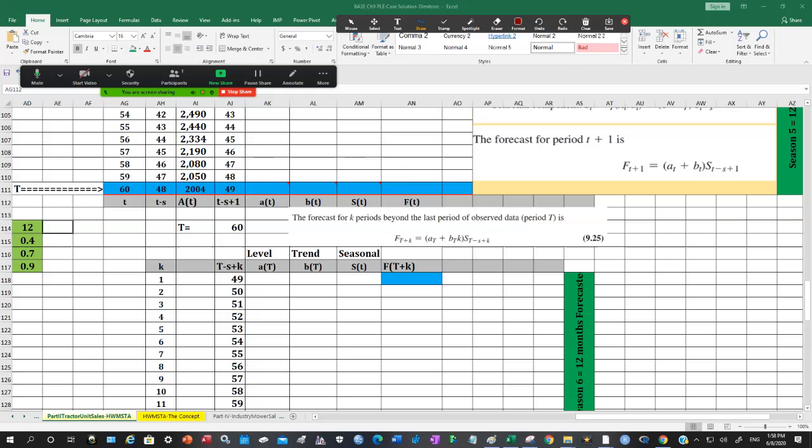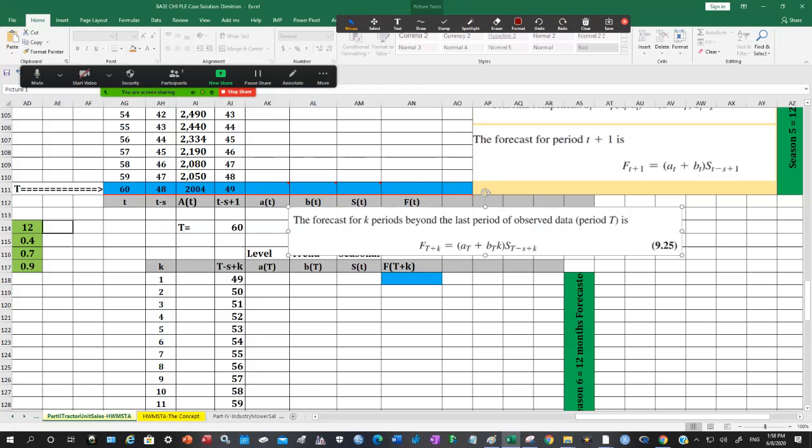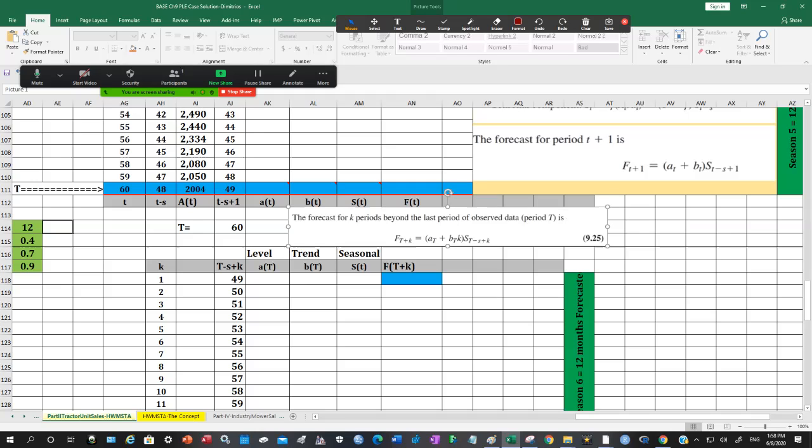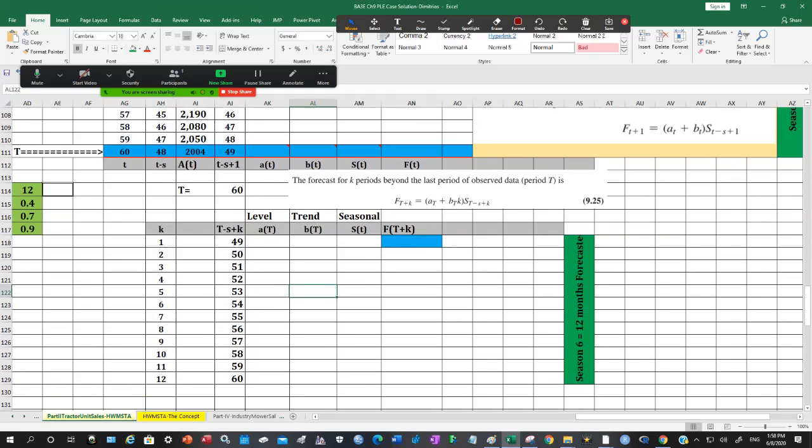And I put comments here, so when you click inside this cell, or just move the cursor over the cell, it gives you the comment. Now, the formula that we will use is this formula right here to find forecasted. I will explain this for a couple of rows, and then you'll see what it is.